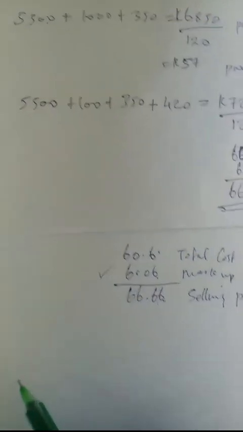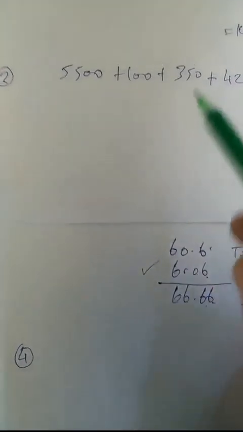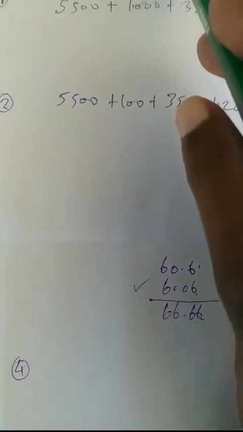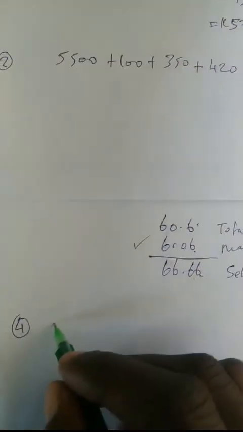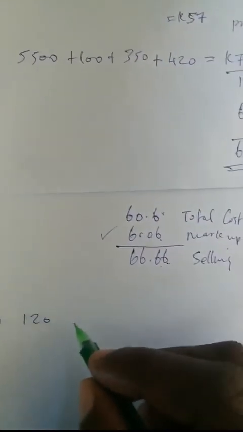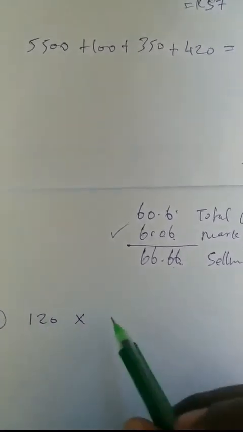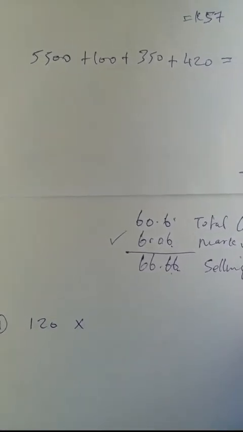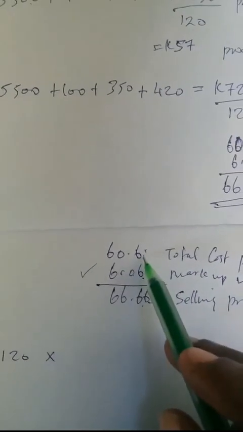Our solution 4: calculate gross profit or loss. So you produced 120 units. Let's see the cost. How much is the cost for these 120 units? We are saying total cost per unit of sale is 60.6.